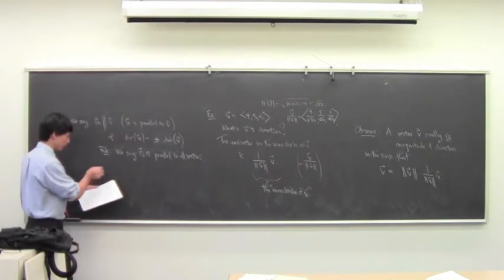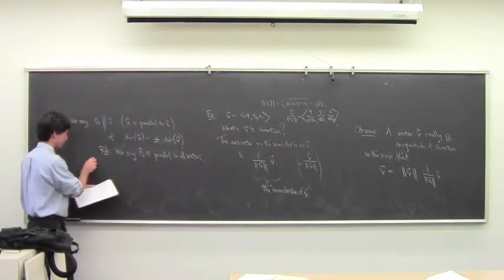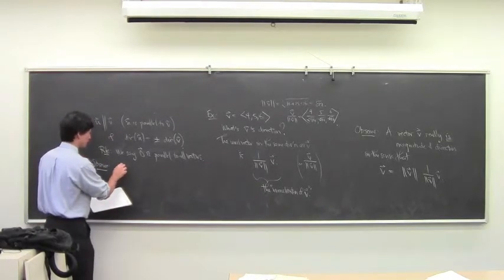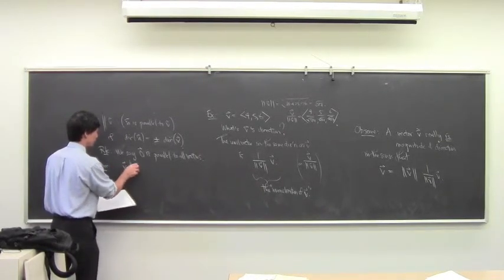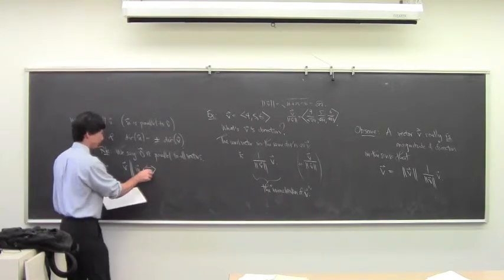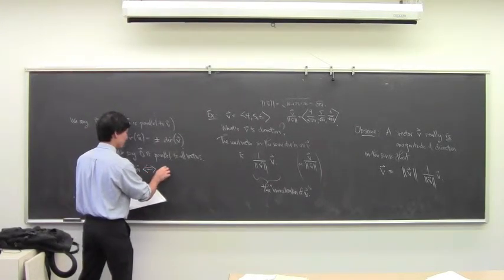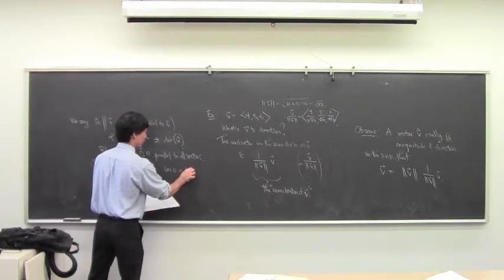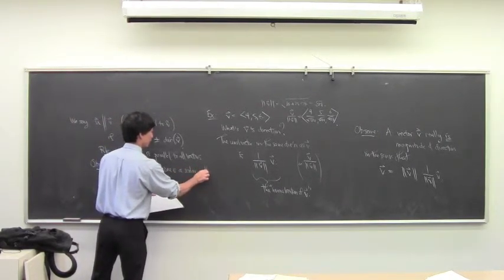And I'm just going to make an observation and let you think about it. Vectors are parallel if and only if one is a scalar multiple of the other.